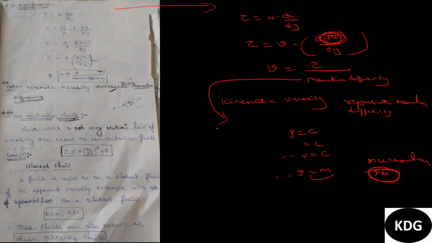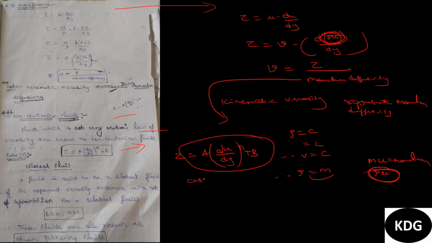Next, what are non-Newtonian fluids? Fluids which do not obey Newton's law of viscosity are known as non-Newtonian fluids. The equation is shear stress equals A into (du by dy) to the power n, plus B. First case: dilatant fluid. A fluid is said to be a dilatant fluid if its apparent viscosity increases with rate of deformation. For a dilatant fluid, B is equal to 0 and n is greater than 1.